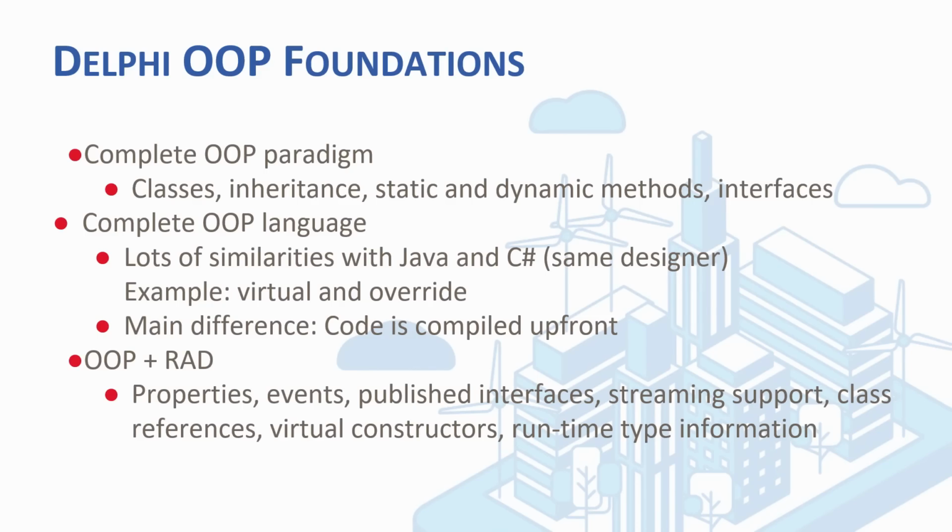Now there's another area of the language that's an integral part of the object-oriented programming model, but it's not shared in the same way with some of these other tools, which is the support for the rapid application development paradigm, the support for properties, events, published interfaces, streaming, class references, and virtual constructors.